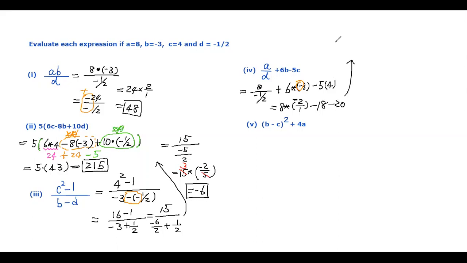Okay, so now negative 2 times 8 is what? So it's negative 16 plus negative 18 minus 20. So negative 16 plus negative 18, what is here? Be careful, right? It's negative 34 minus 20. So this is negative 54.